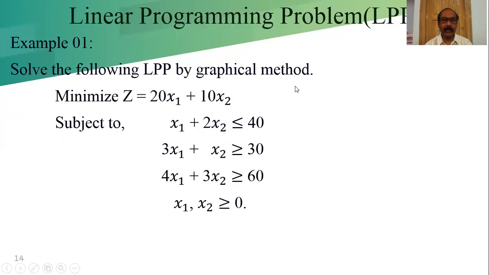Then, joining those two points, we will get the plot of the line. Each of these three equations is a line, so we plot the three lines in the graph, where x1 is the axis in this direction and x2 is the vertical axis. So let us move to the solution part.